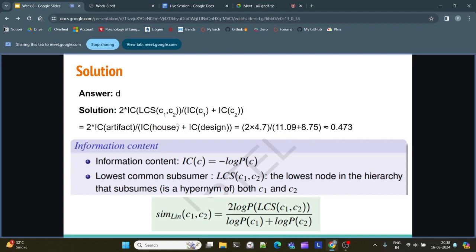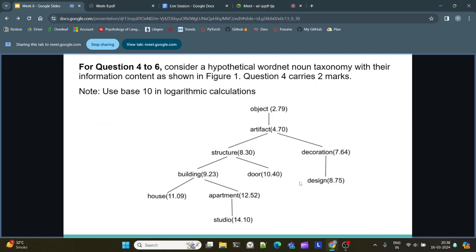Ma'am, can they also give the frequency in place of probability? Then we need to calculate the probability first. In the slides, sir has shown how to compute the content probability. For each of the concepts, you need to see how many times the concept occurs in the corpus, and then you have the frequency corresponding to each concept.